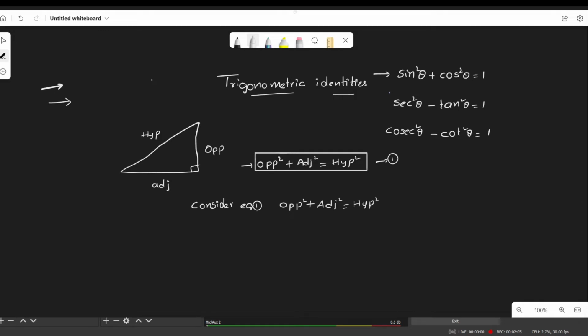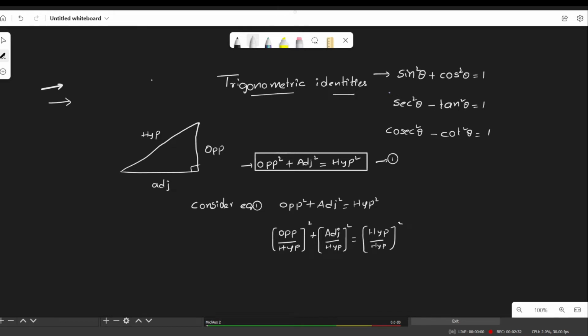Now what I am doing is dividing with hypotenuse square on both sides. See here, it will become opposite square by hypotenuse square. So I can write it as opposite by hypotenuse whole square plus adjacent by hypotenuse whole square is equal to hypotenuse by hypotenuse whole square.